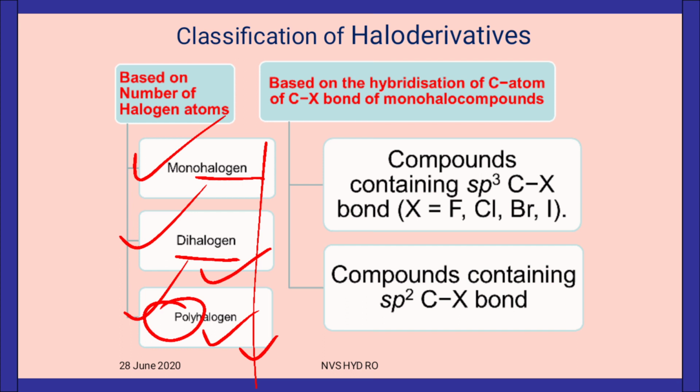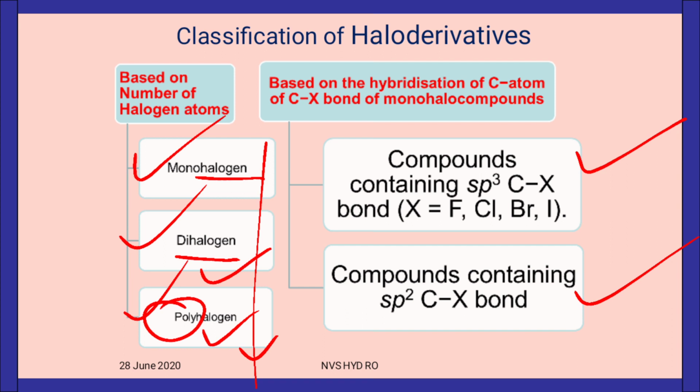Similarly, based on the hybridization of the carbon atom of the CX bond of mono compounds, these could be classified into two categories: sp3 and sp2.